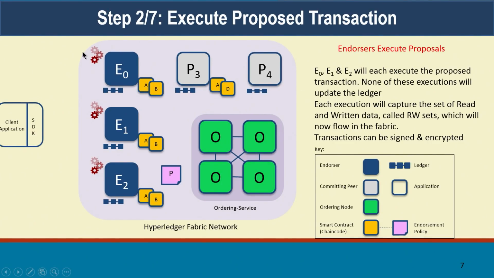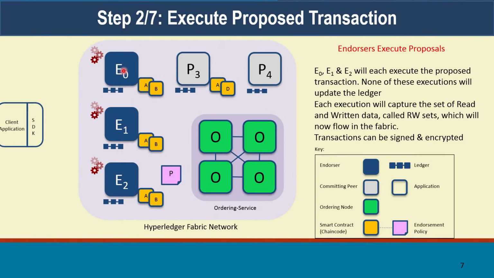Now the second step is that each of these endorsers, like I mentioned, has to execute this transaction. So the endorsers execute these proposals. E0, E1, and E2 are going to execute these transactions, and each execution will capture the read and write set. Which data elements were read and which were written is captured by every node in the endorser set.